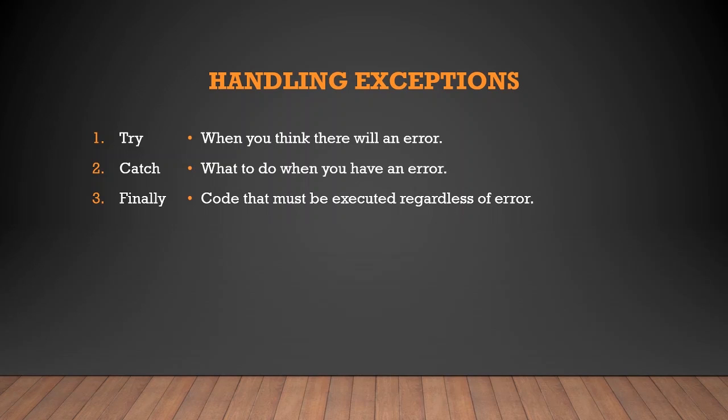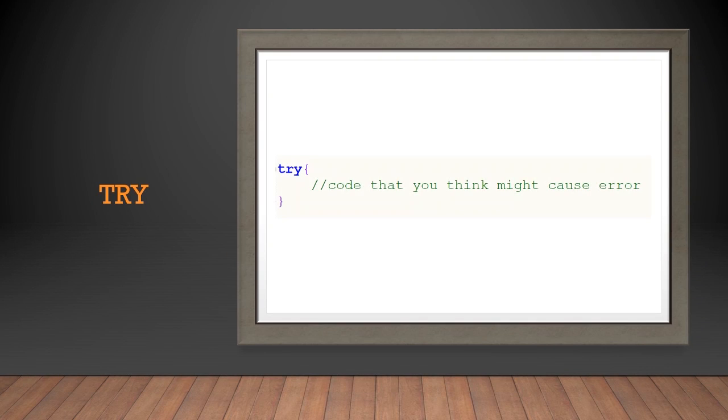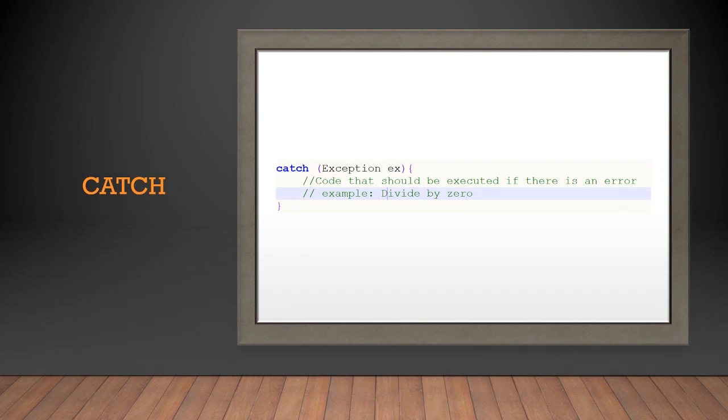So let's see an example. Try. Here is our try block. We write the try keyword, put the curly brackets, and write the code in which we think we might have an error. Catch. Here we have catch, exception e, curly brackets, and the code that should be executed if there is an error.